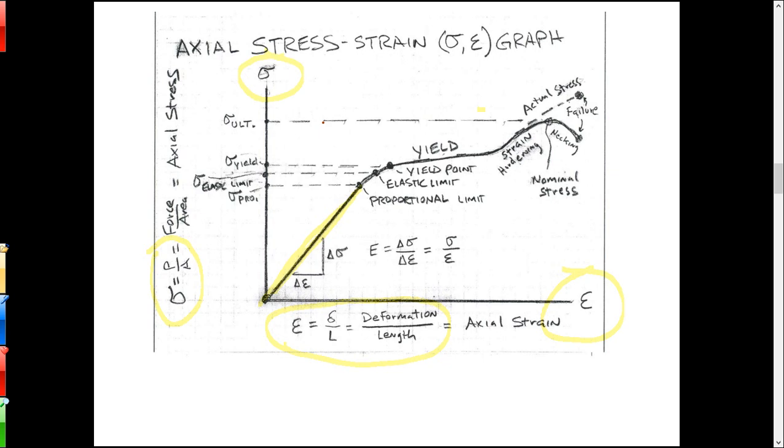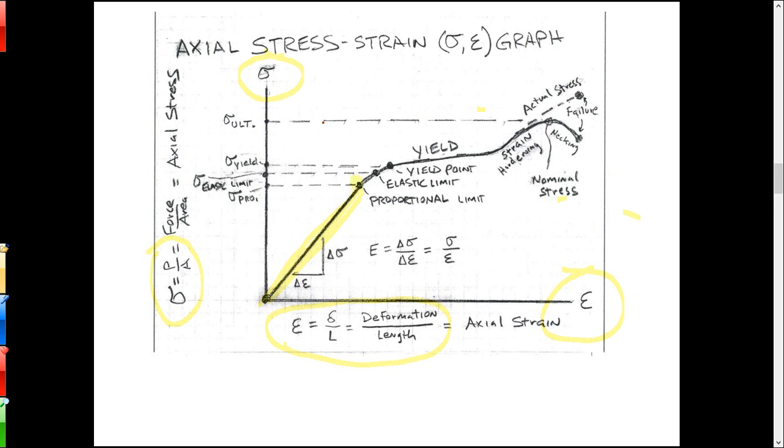All right, so the first part of the graph is generally linear. There's a straight relationship between how hard you pull and how much the sample elongates. Think of the atomic bonds there as just being stretched out, like springs.